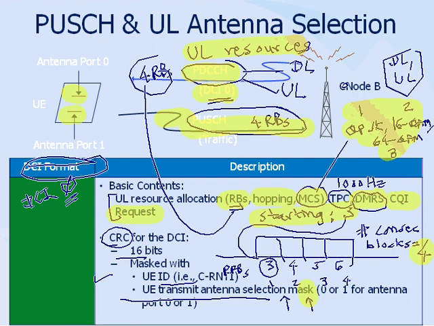So in summary, as far as antenna selection is concerned, we can have up to 2 transmit antennas at the UE, but at any given time instance, the UE is sending signals from only one transmit antenna, and the switching of the antenna occurs blindly. And of course, this is an OFDMA system, so E Node B is in charge of resource allocation and all these kinds of things.